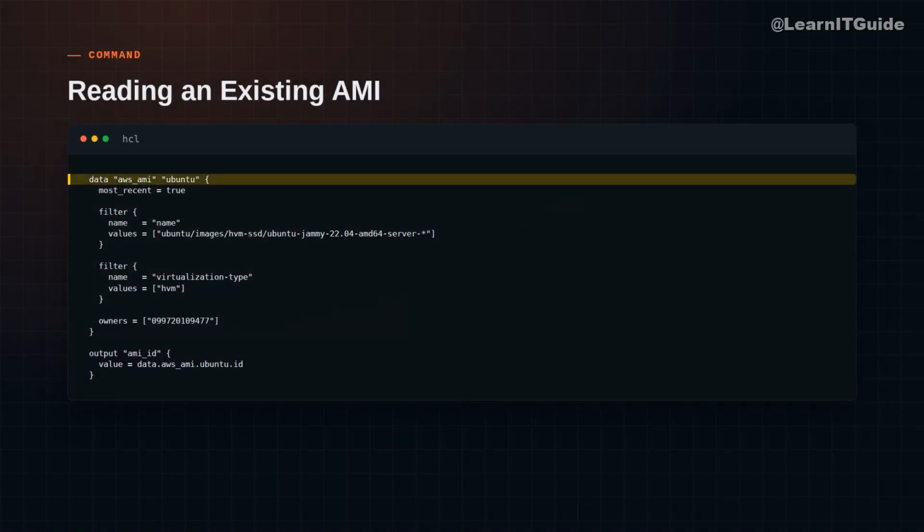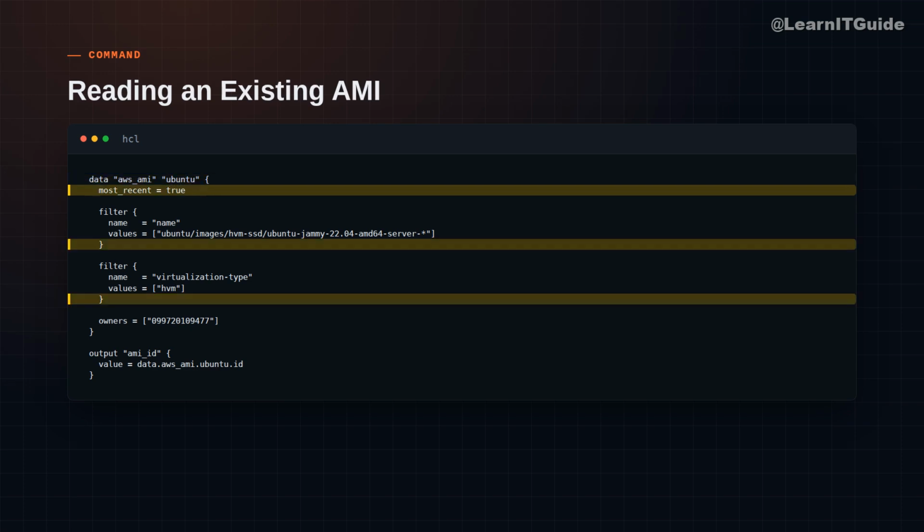Here is a classic example. We are defining a data source block to find the most recent Ubuntu AMI. On line 1, we specify the AWS AMI type. We use filters to narrow down the search for Ubuntu 22.04 images. By setting most_recent to true, Terraform automatically selects the latest image version provided by Canonical.